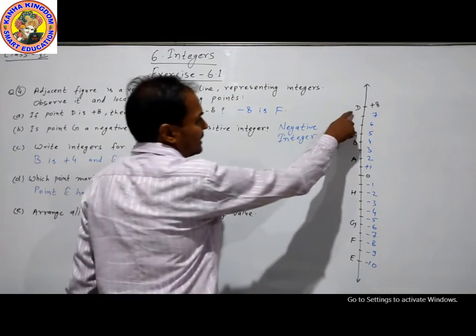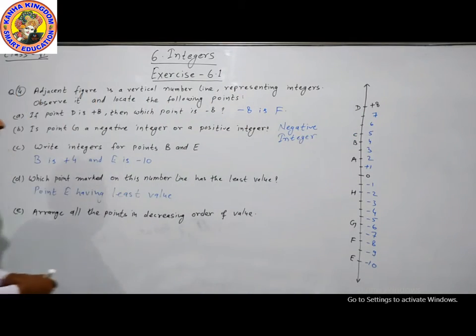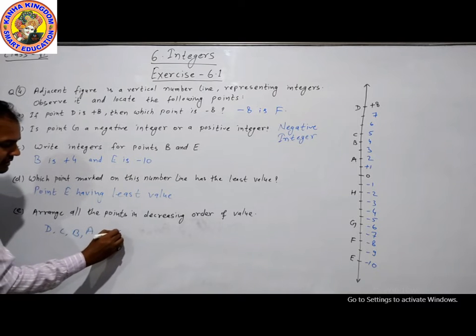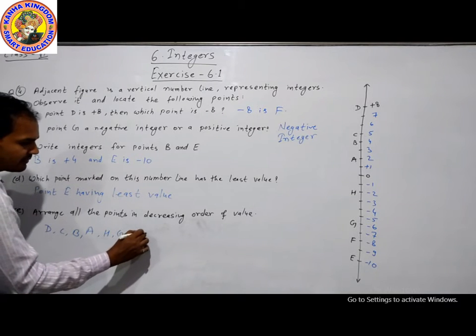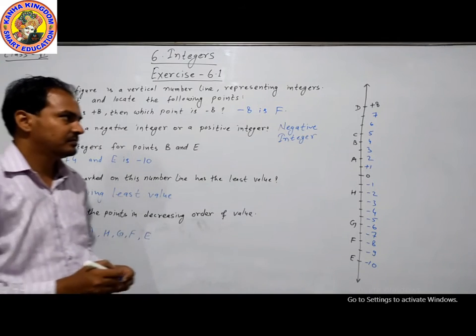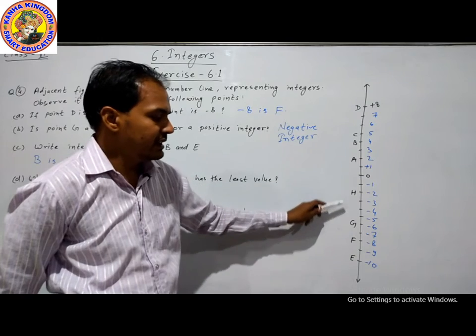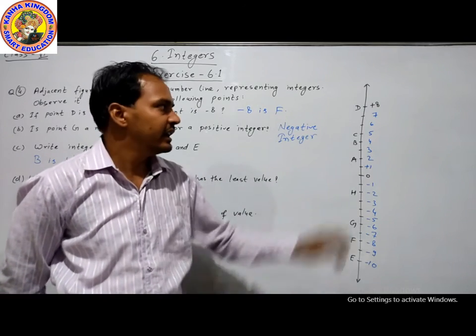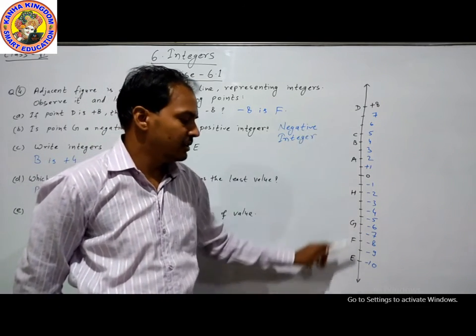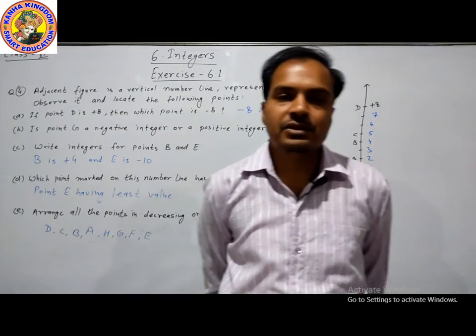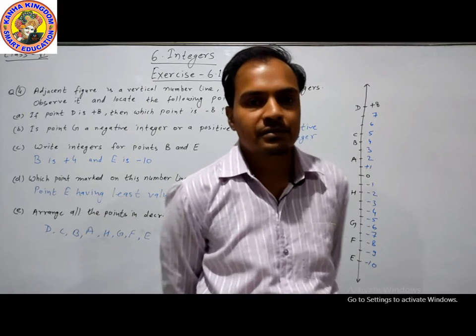In first position, highest is plus 8, so first position is D. Then C, B, A, H, G, F and E. Highest is first point, lowest is last point. You can take a screenshot of this. We will move to our next question.